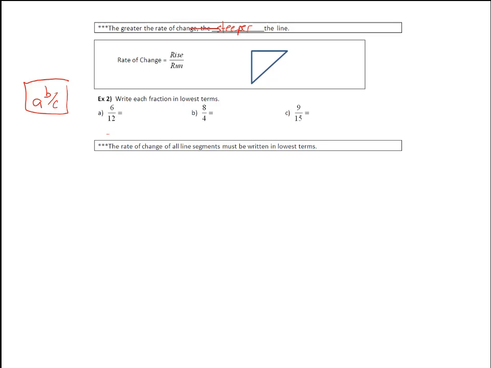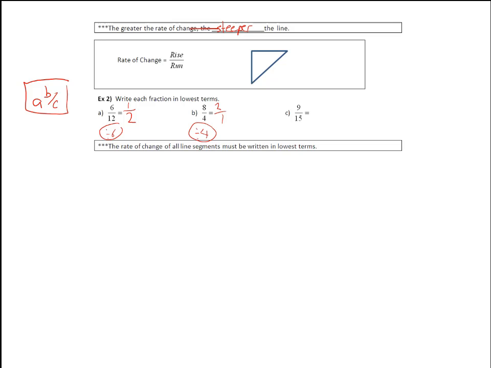Well, the greatest common factor is actually 6. So if you divide both by 6, 6 divided by 6 gives us 1, and 12 divided by 6 gives us 2. Same idea over here. What's our greatest common factor for 8 and 4? Well, we would divide both by 4, because 4 can go into both 4 and 8, and you get 2 over 1.